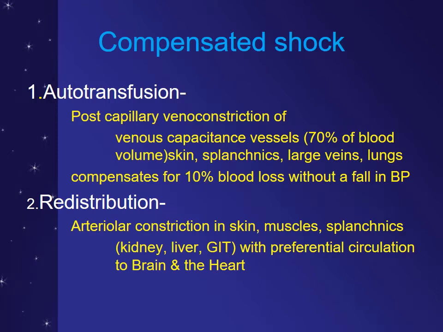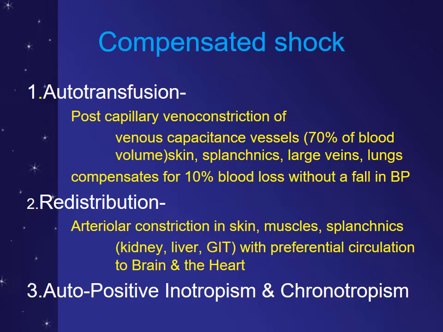And there will be redistribution, as we mentioned earlier. There will be preferential circulation of blood to the brain and the heart by cutting off blood supply to the skin, muscles, and splanchnics. So there will be arterial constriction in skin, muscles, and splanchnics, like in kidney, liver, and gastrointestinal tract. And there will be a preferential circulation to the brain and the heart.